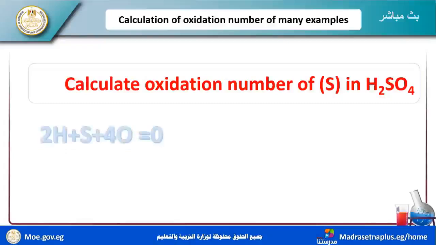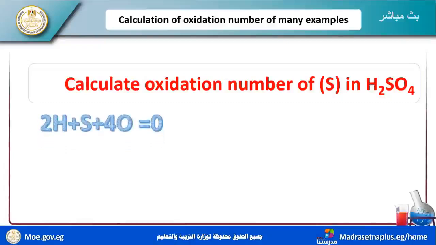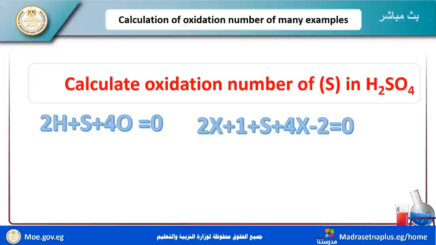Now H2SO4: 2H plus S plus 4O equals 0. What's H? The oxidation number of H equals positive 1. Oxygen is usually negative 2. Now 2 times positive 1 plus S, unknown, plus 4 times negative 2 equals 0.